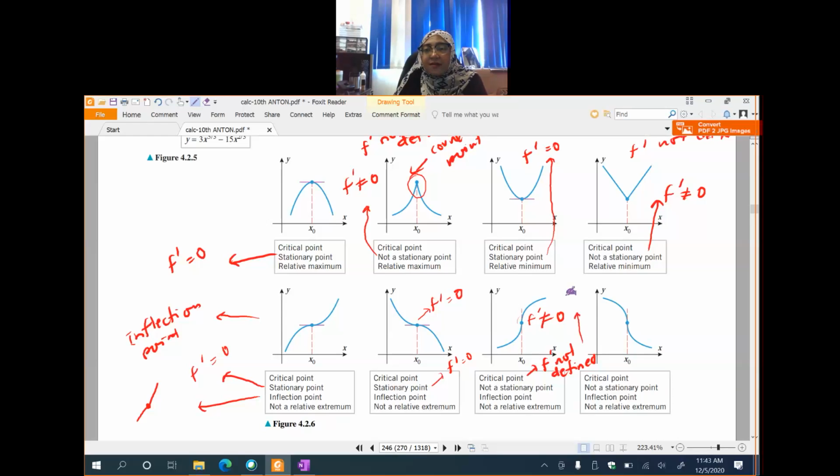It's also the case for this graph. It's not a stationary point. It's still an inflection point and not a relative extrema. Okay, so that's it.